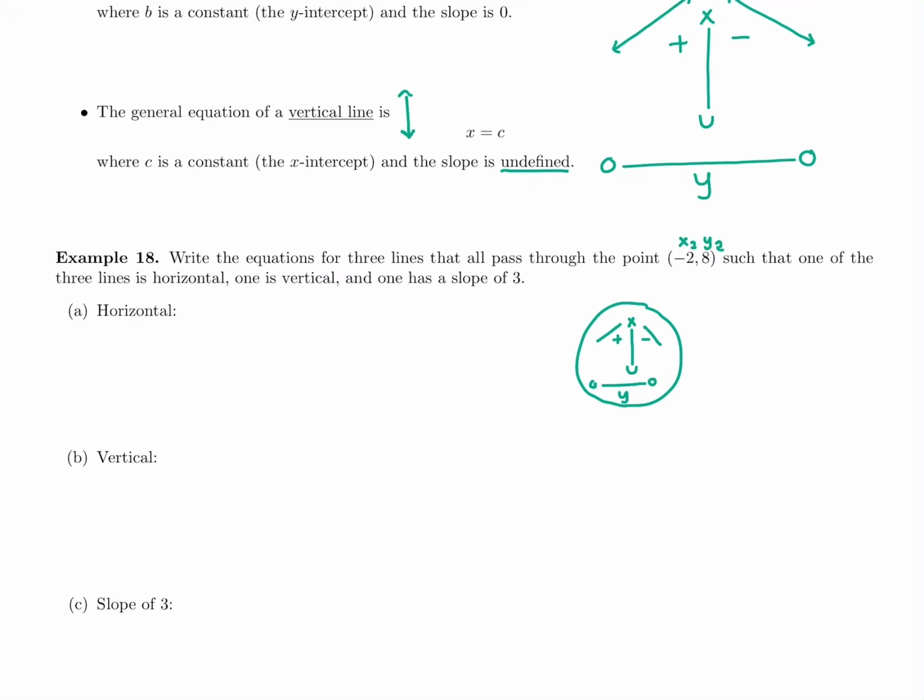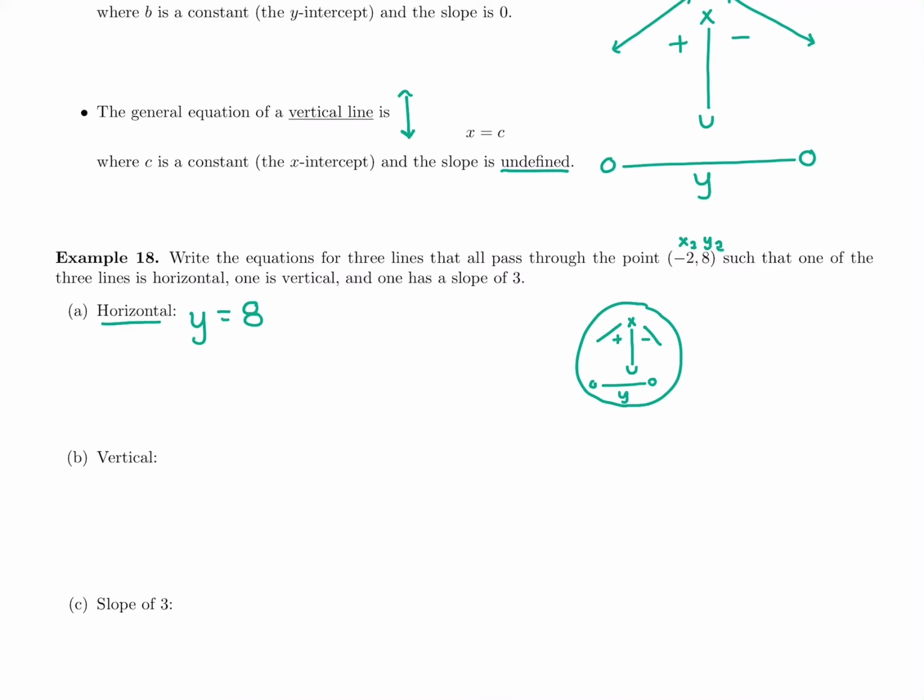So looking at this point, we have -2, 8. And the first thing we want to do is write the equation for a horizontal line. So looking at our smiley, the horizontal line has a slope of 0, and it's the y equals. So it's going to be y equals the y value of the point, so 8.